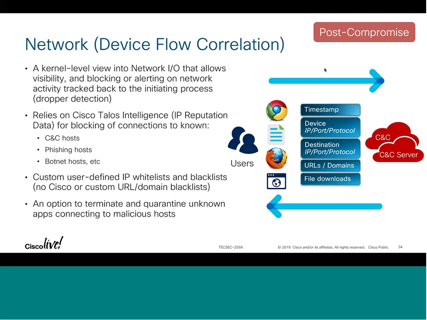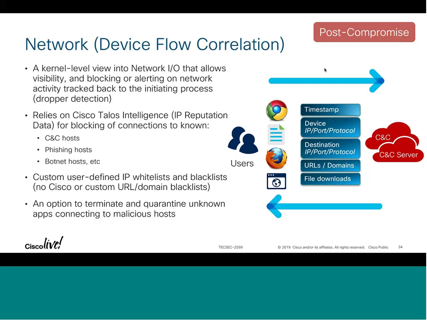Just a couple of quick notes about the DFC, the device flow correlation feature. This is something that will provide an indicator based on a callback from an initial stage that made its way onto the endpoint and is now trying to download the next stage of the attack.